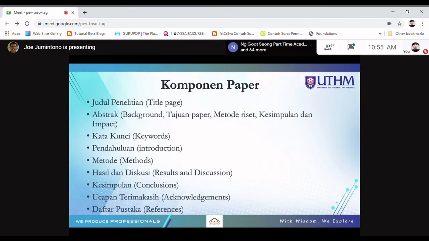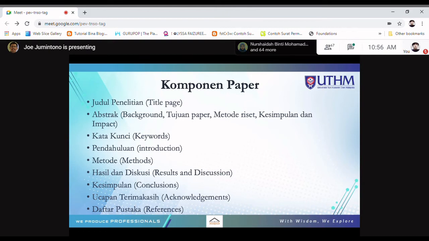Of course, everyone already knows this. The components of the paper consist of the title page and the abstract. The abstract consists of the background, one sentence. Tujuan paper here, sorry, I want to translate first: it is the purpose of the research. Take for example, the purpose of this research is to describe blah blah blah.